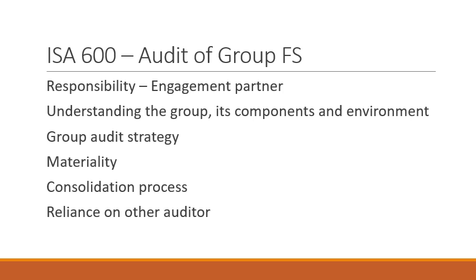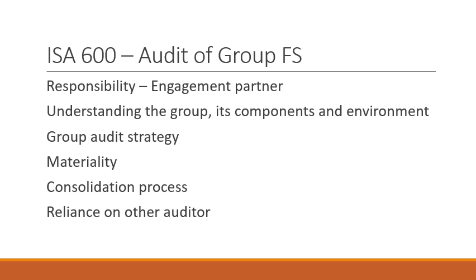He also has the responsibility for setting the group audit strategy. After he has conducted his understanding of the group environment, he needs to assess whether there are any specific significant risks that come to light for the group as a whole, and that then needs to be communicated to all of the component auditors as well.